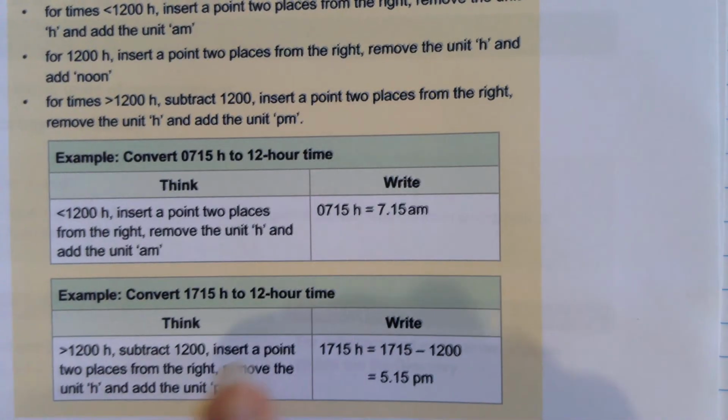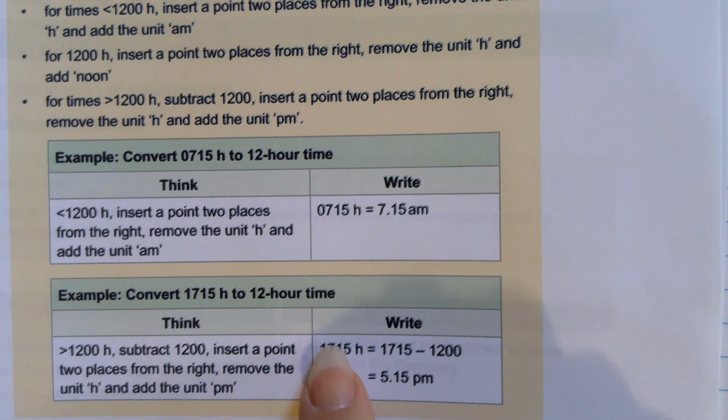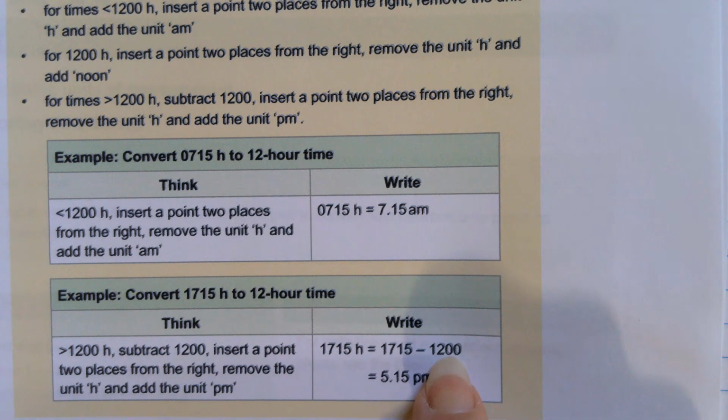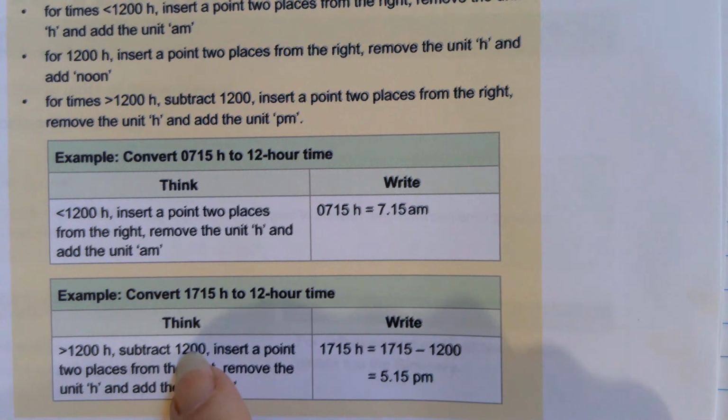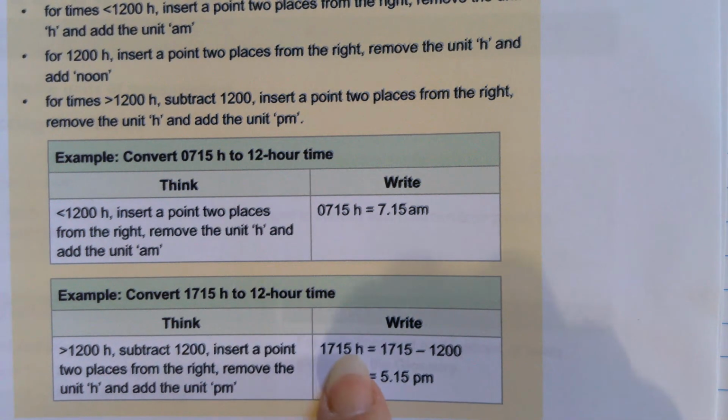If it was greater than 1200 hours, say 1715 hours, now you have to subtract that 12. And remember to put the decimal point between, it would be 0515 as your answer. You need to put the decimal point here, so it's 5:15 p.m. because it's bigger than 12 and it's in the afternoon.